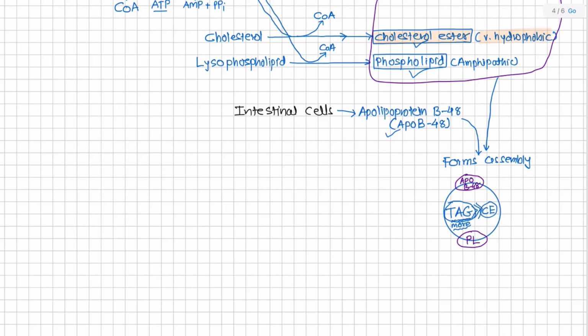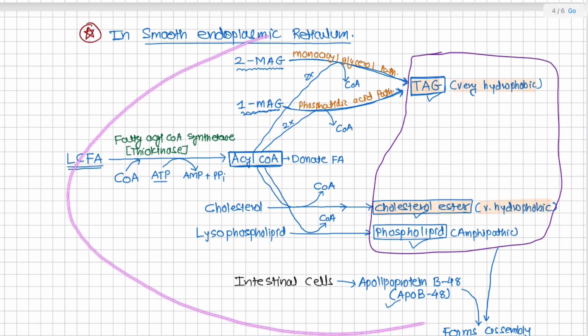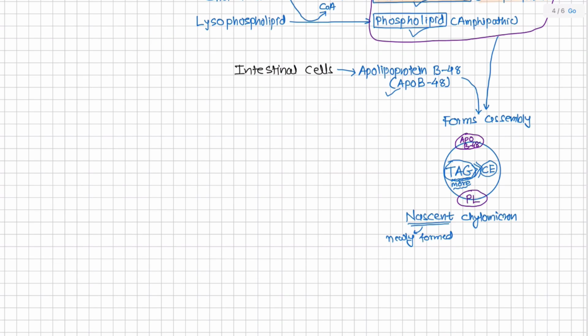This particle is called nascent chylomicron. Nascent means newly formed. It's not yet a mature chylomicron. So by this magic in smooth endoplasmic reticulum, nascent chylomicron is formed. And that's the complete story of lipid digestion and absorption.